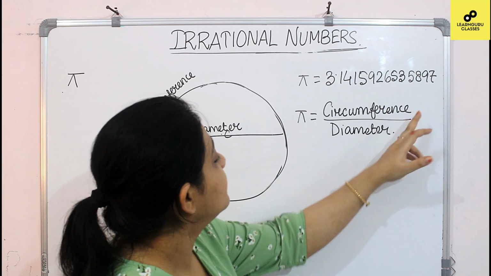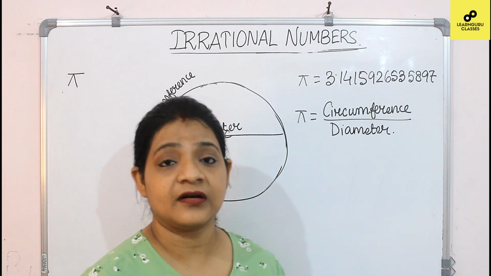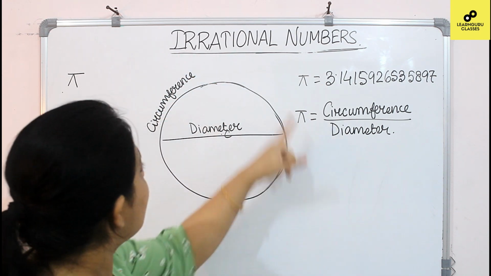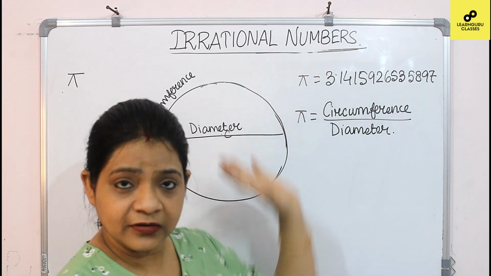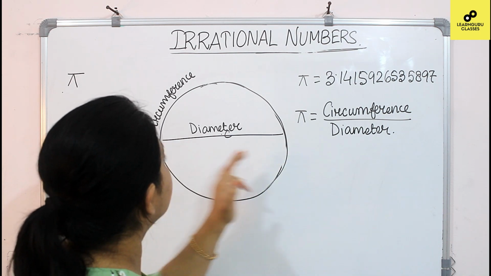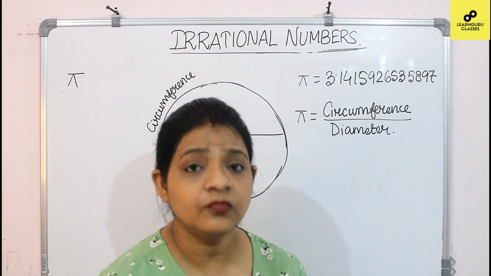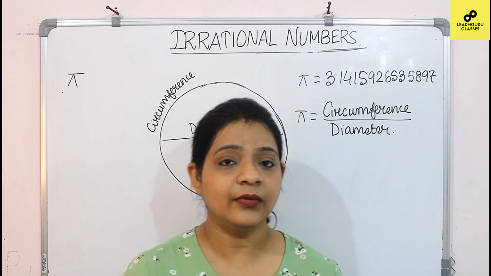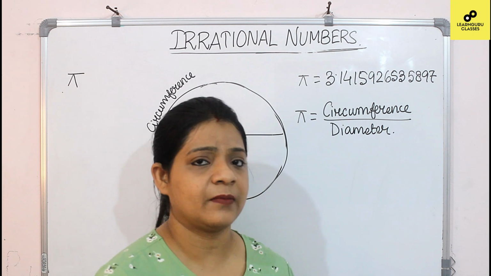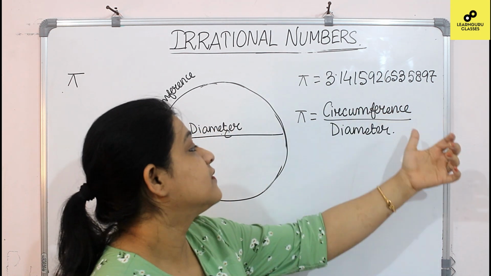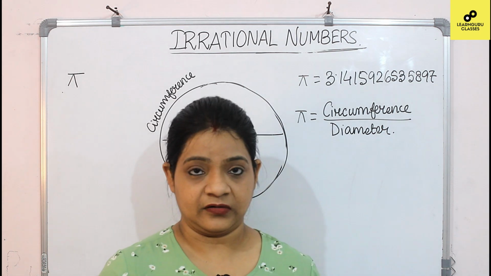Pi is basically the ratio of circumference to diameter. Circumference is the length around the circle, and diameter is the line joining two ends of the circle, dividing it into two equal parts. Everybody knows this definition. So pi is circumference by diameter.